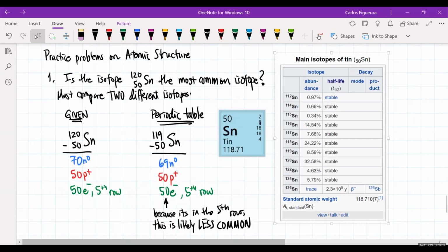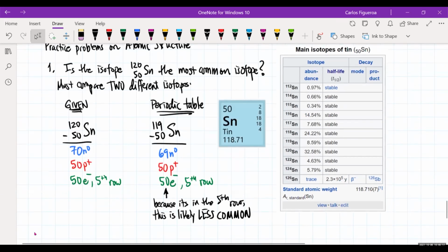And so when you look at that, look at isotope 120. So if I look at 120, this is 120. Look at 119. Look at that. So what you're seeing here is that this guy is the most common.